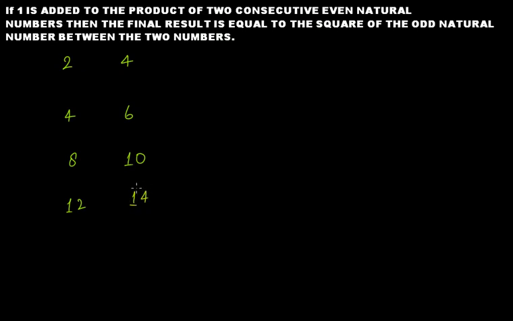Okay, so now it says that if you multiply them, this is 8, this is 24, this is 80, and this is 168. Okay, now if we add 1 to 8, what do you get?